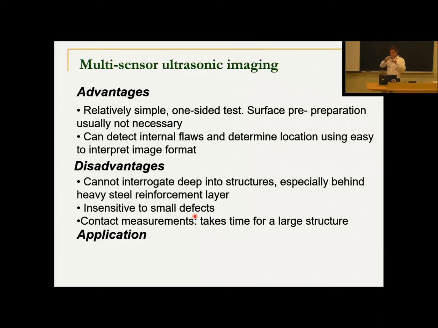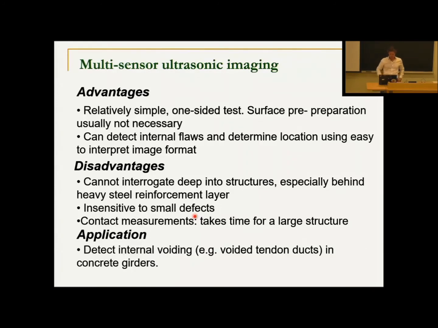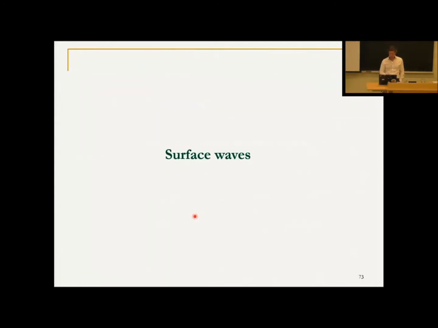And even though this is an array system without coupling, it's a contact measurement and it covers only a footprint. So to cover a very large structure would take a long time. However, this is a very nice tool for uncovering voiding defects or other kinds of defects inside of a concrete element. Really very effective for certain jobs like that.